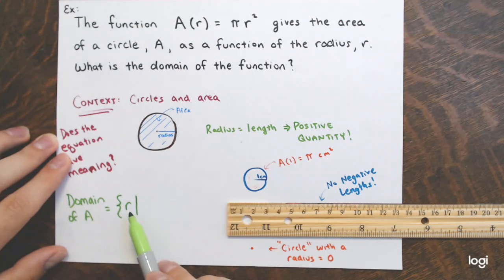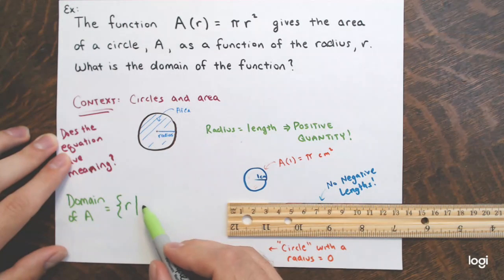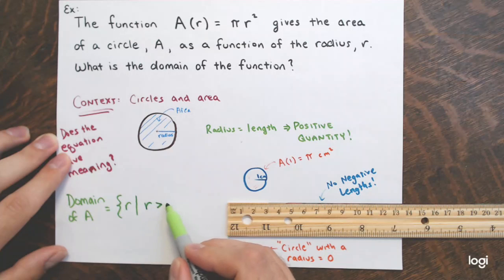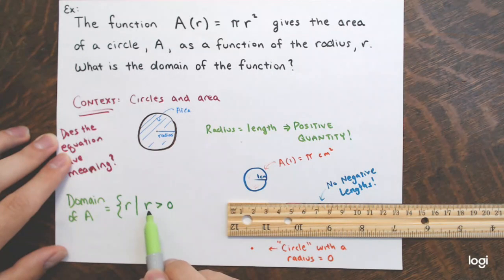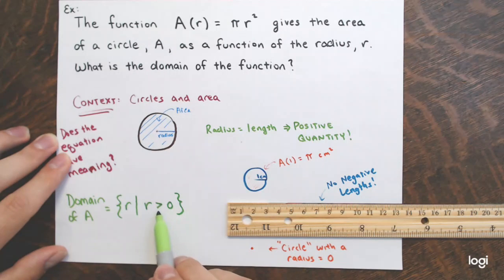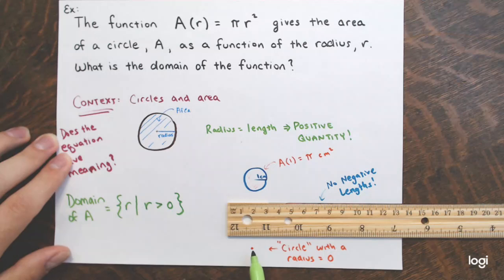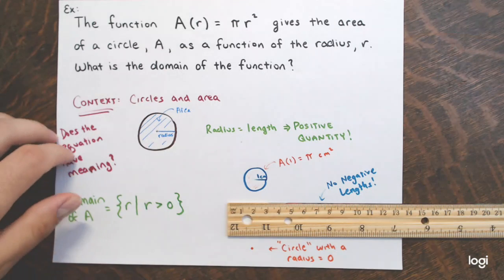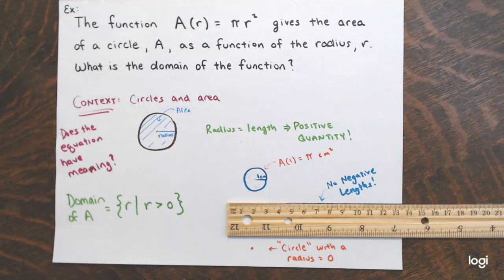I can plug in any value of r I want, as long as it's not negative. Now, me personally, I'm going to say as long as it's not negative or 0, so as long as it's positive. So as long as r is positive, you can write out the words r is positive, or as long as r is greater than 0. And if you want to, you can say greater than or equal to 0 if you consider a dot a circle by definition. Fine.